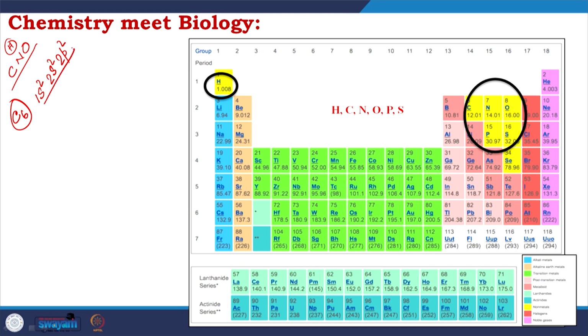So, carbon has in its ground state 4 electrons, which are divided like this, in the 2s there are 2 electrons here.